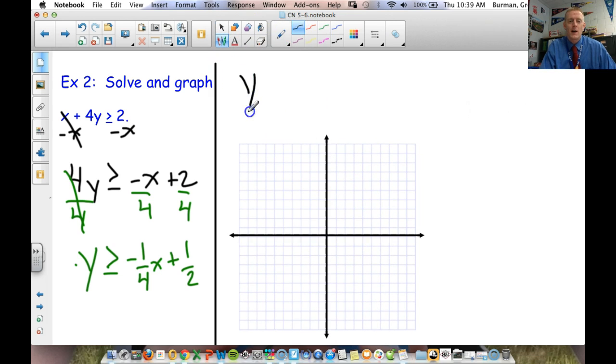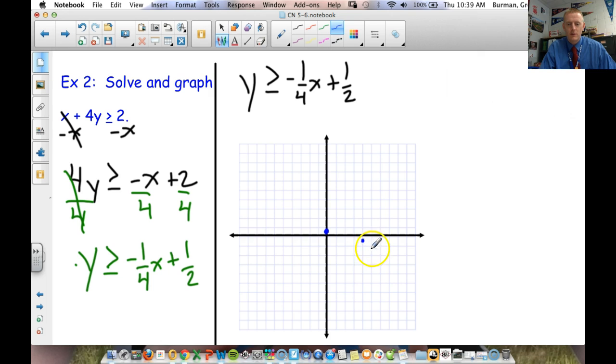So we have y greater than or equal to -1/4 x plus 1/2. So I go up a half, put my, let's change colors again, y-intercept. And then from there I go down 1, right 4. So down 1, to the right 1, 2, 3, 4.